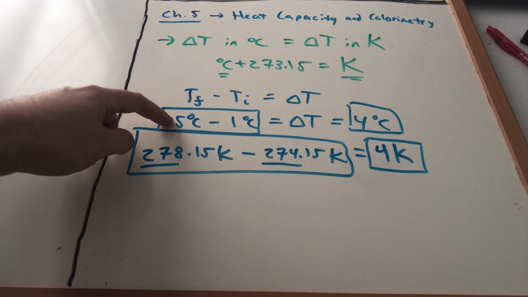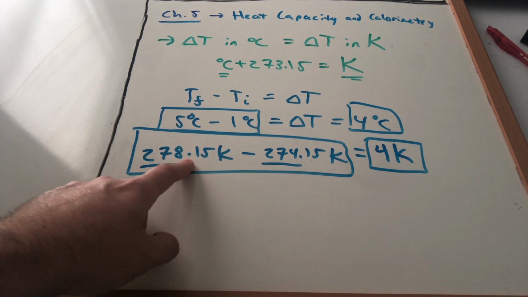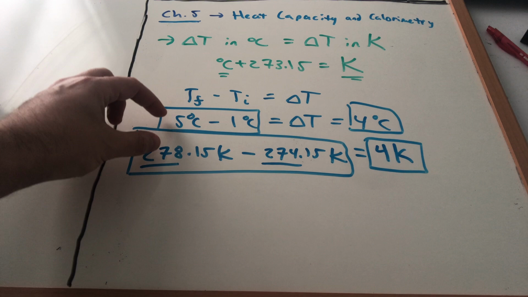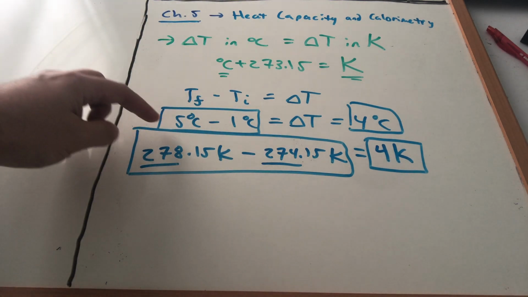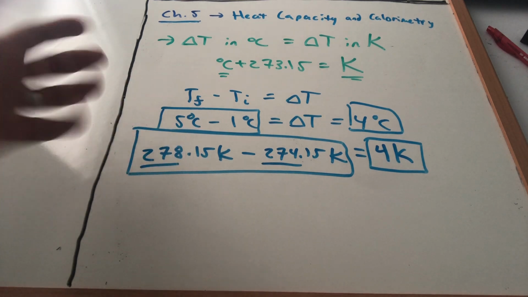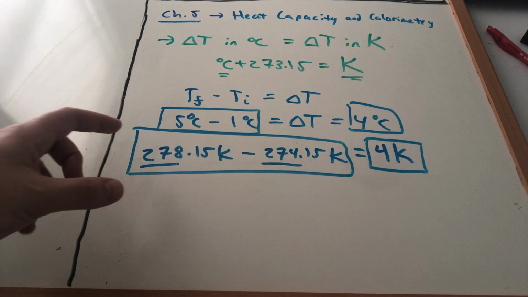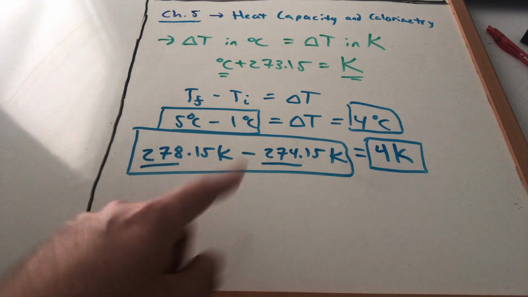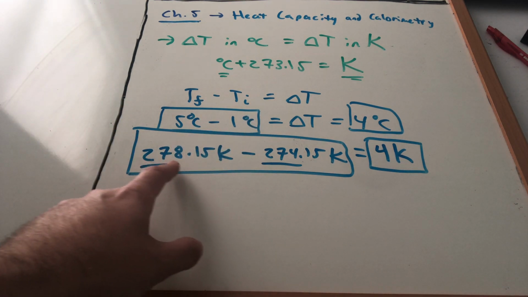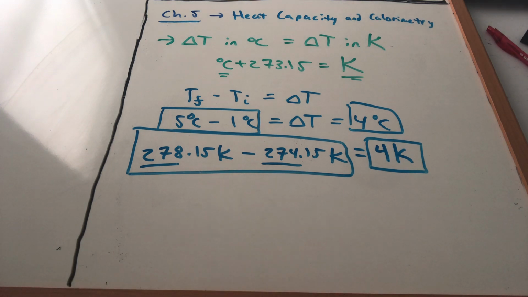So is 5 degrees Celsius the same as 278.15 Kelvin? Well, those things are equal because of this change. But numerically, they're different values, okay? But the difference between 5 degrees Celsius and 1 degree Celsius is the same difference between 278.15 Kelvin and 274.15 Kelvin.